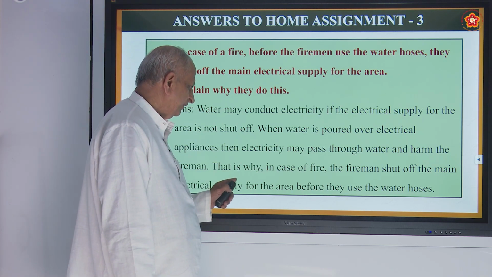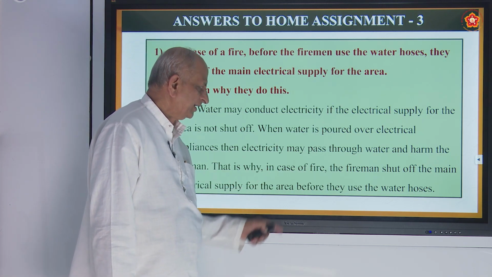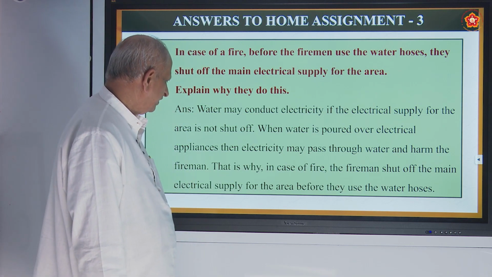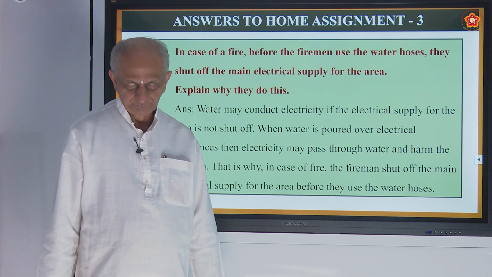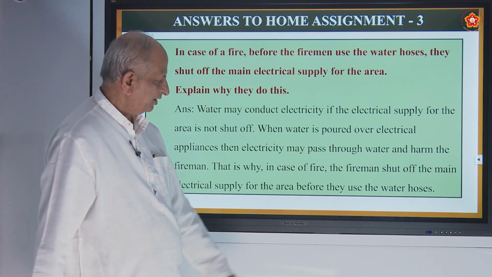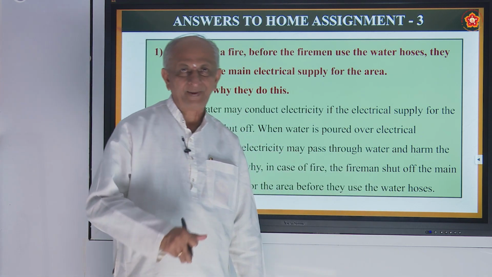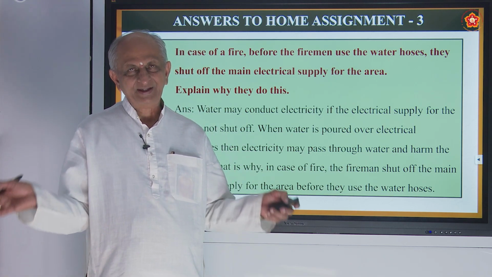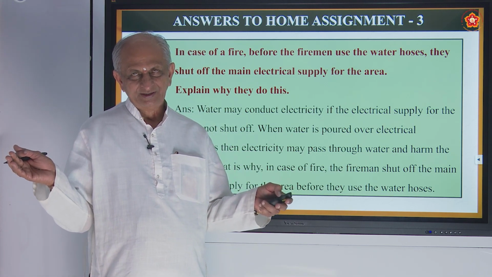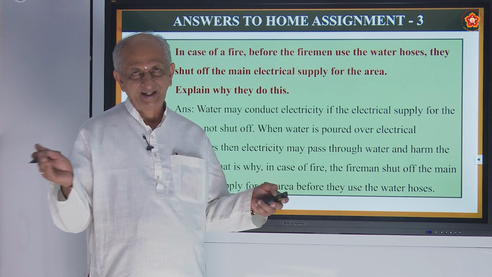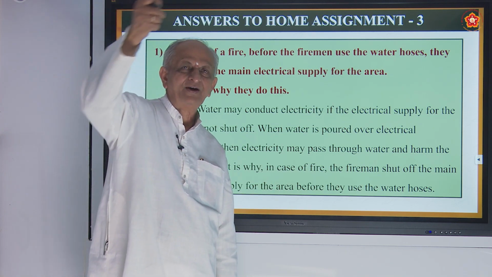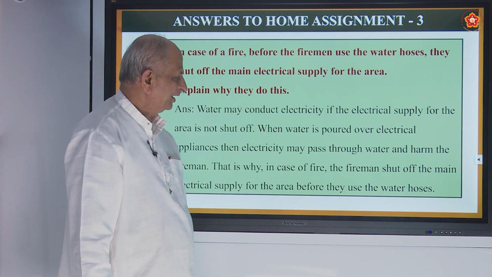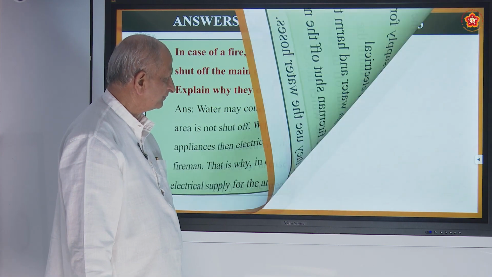That is why in case of fire, the firemen shut off the main electric supply for the area before they use water hoses. What do you mean by hoses? Pipes. There will be big tanks. The fire engine will have a big tank there. In that tank there will be water, and the water will be taken through pipes. That is what is called water hoses.